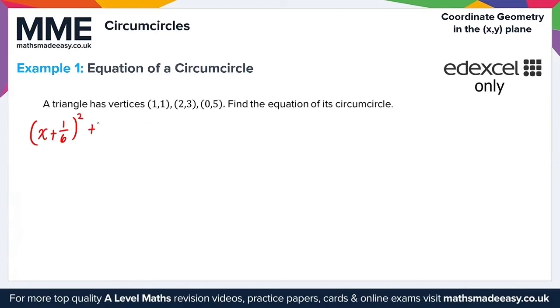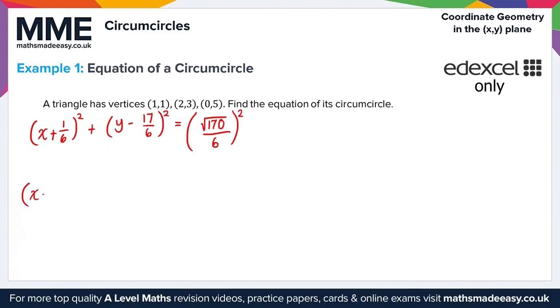We then have plus y minus 17 over 6. And again, we square this. And this is equal to r squared. So remember, we got r equals the square root of 170 over 6. So this is square root of 170 over 6 all squared. Okay. And if we simplify this r squared here, so we can just rewrite the left hand side here again.